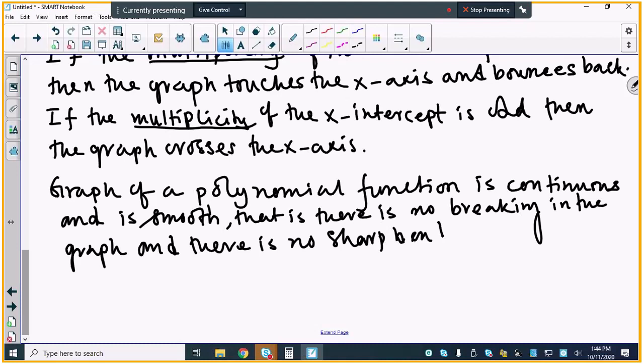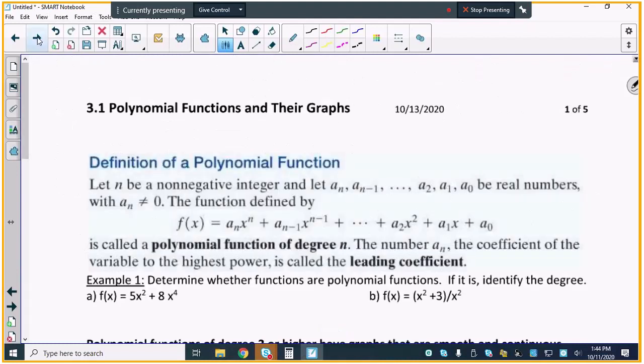Remember the turning points? If I have sharp bending at the turning points, then these are not polynomial functions. So that is precisely what I wanted you to know about the nature of the graphs of a polynomial function. And we're going to go to the lecture note now and start working on this concept.